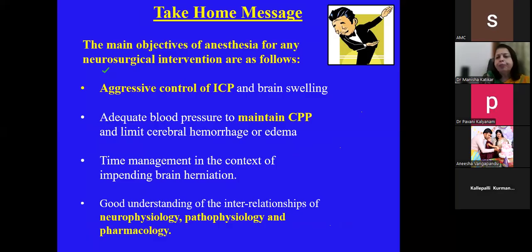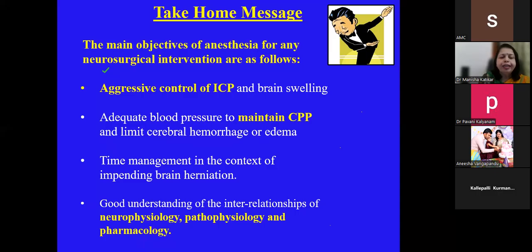So the take-home message for today's lecture: the main objective of anesthesia for any neurosurgical intervention is control of intracranial pressure, avoid brain swelling, maintain cerebral perfusion pressure, avoid hypertension as well as hypotension, and avoid impending brain herniation. You have to act fast.